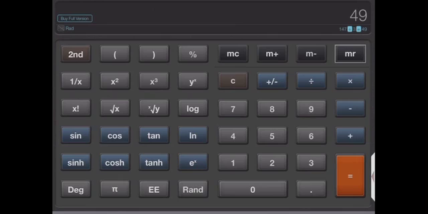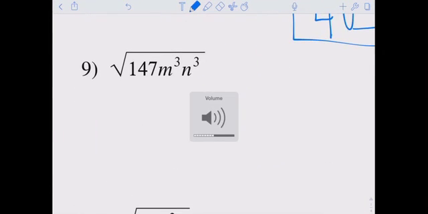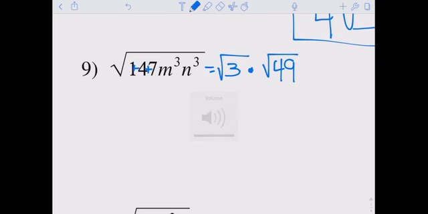So 49 times 3. See how I know 3 can go in? How I know 3 can go in is because I add them all up, and the sum of the digits is 12. So this is the square root of 3 times the square root of 49. Well, 3 is not a perfect square, but 49 is. So 49 is 7, and then we bring down the square root of 3.